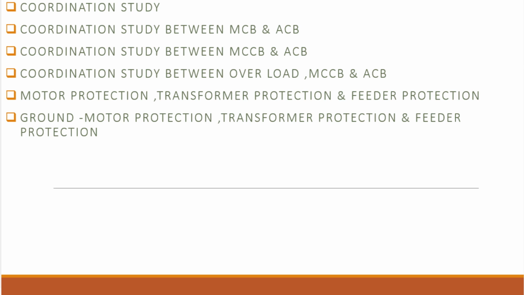Finally, I will explain how you can do the same coordination study, but in this case for ground protection. Note, the explanation in this part will be on switchgear from ABB company with rated voltage above 1000 volt.